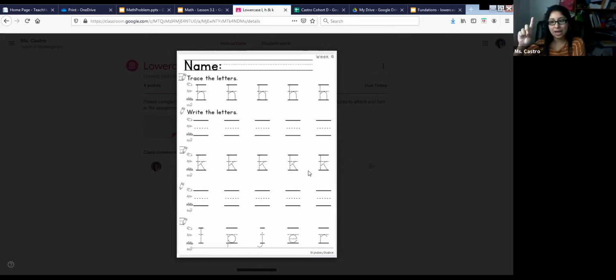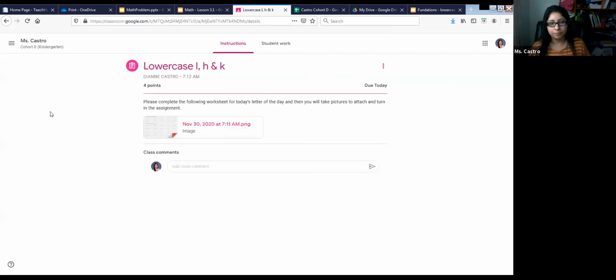Because if you touch the skyline, that means you're making it an uppercase letter. It's a lowercase letter. So remember that we started off on the skyline, but then you go into the plain line to form the lowercase k. And then you form it yourself on the next row, and then they have you practicing the other letters that we've learned. L, P, J, E, and R.